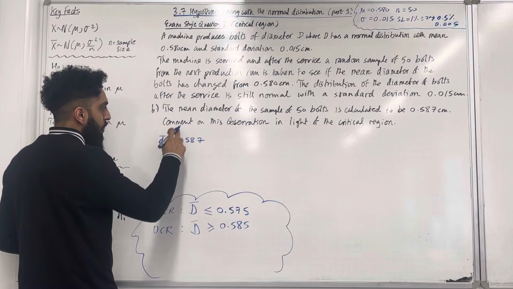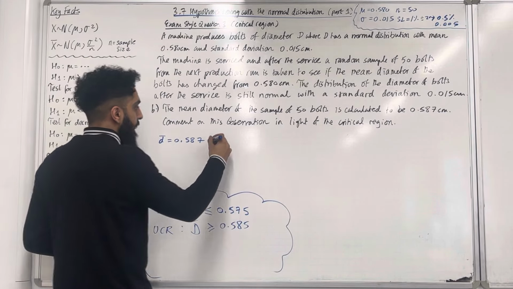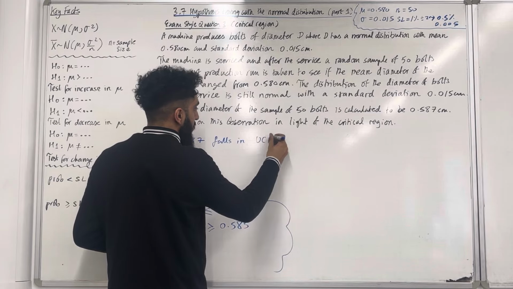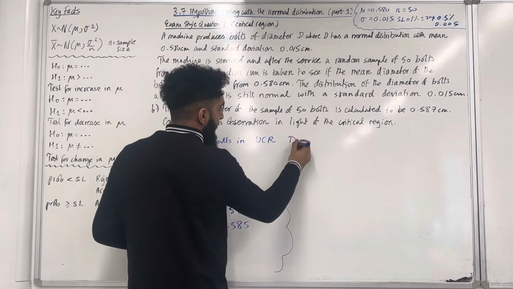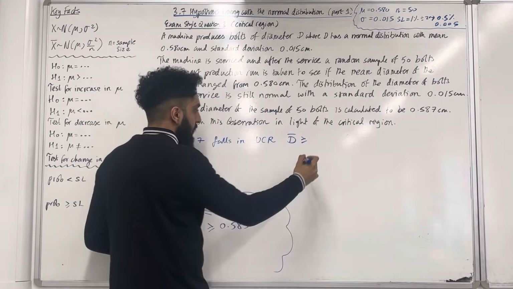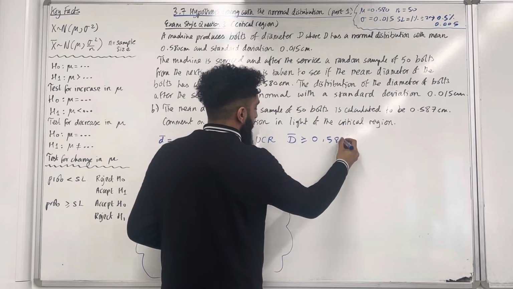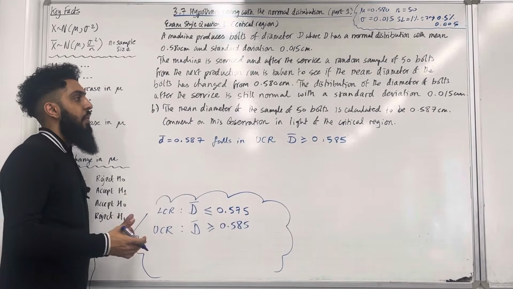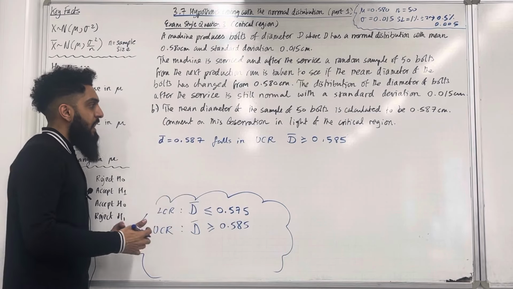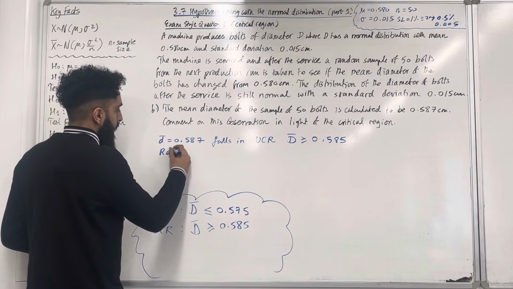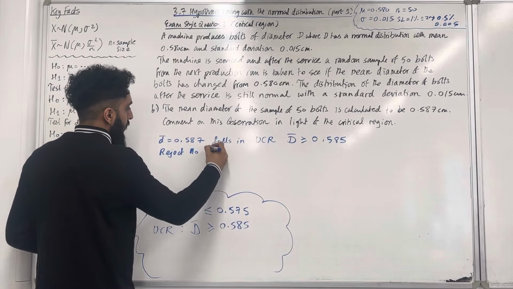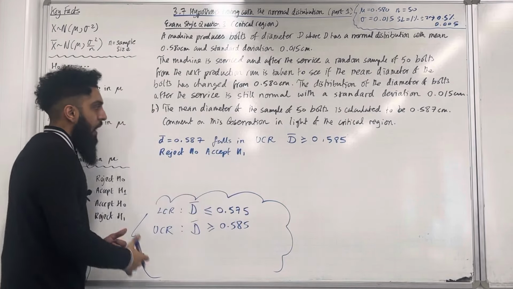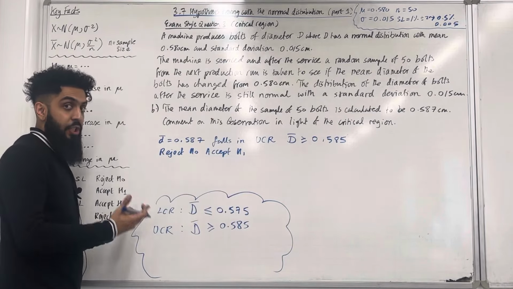So d bar equal to 0.587 falls in the upper critical region UCR, which is d bar is greater than or equal to 0.585. If a value falls in any critical region, upper or lower, what we need to do then is reject H0 but accept H1. So we are accepting the claim that the mean has changed.